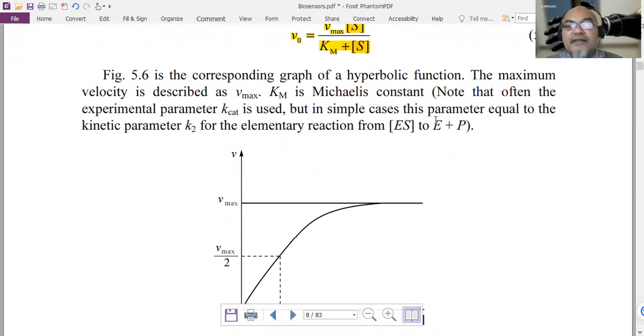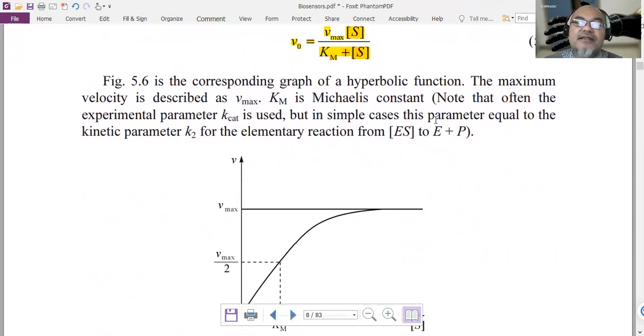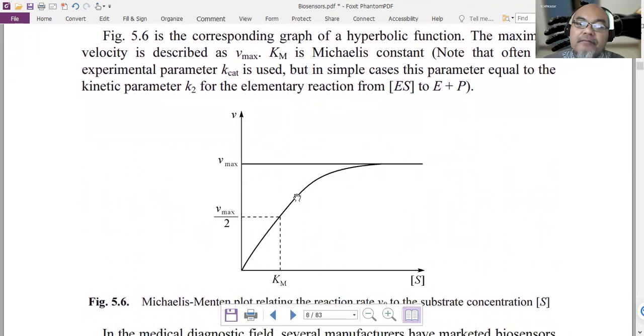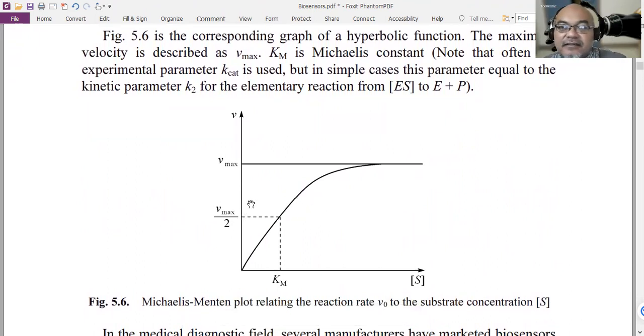So when you are calibrating an enzyme sensor, it is best not to use a linear regression equation. If you use linear regression, then your regression can only be used in this region only, or you may approach it as two regions.